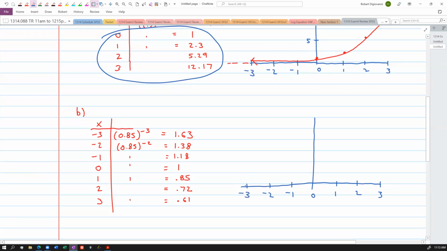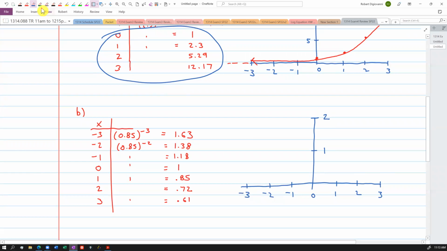And then what is the biggest Y value I have here? What's the biggest number I have? 1.63. So I don't need to go up very far, do I? So way up here, let's say that's 2. Okay, so this would be 1 right there.